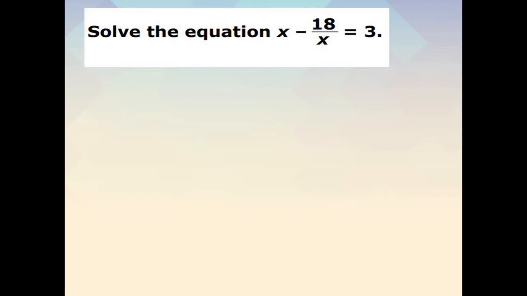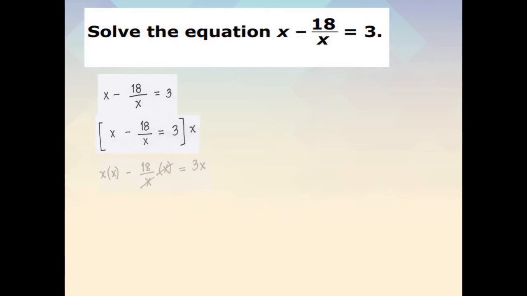Let us solve the equation x minus 18 over x is equal to 3. So let us now find the LCD, which is x. So multiply both sides by x.